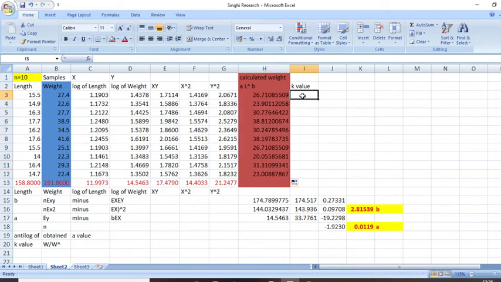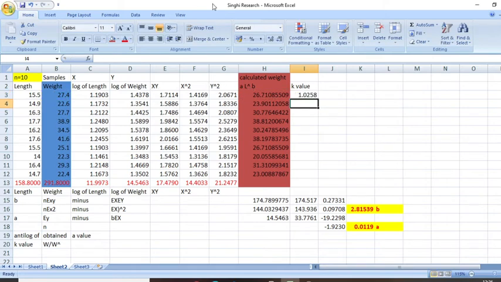Then for the k value estimation, k value is equal to W by W cap or W by W bar, which is nothing but observed weight by calculated weight. To perform this, you need to go for observed weight divided by the calculated weight.